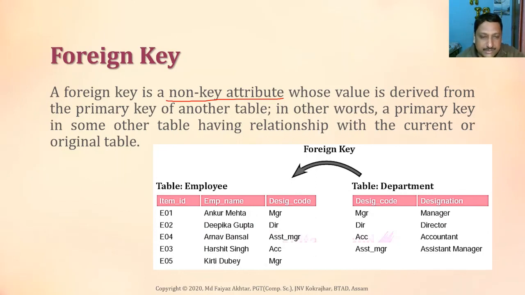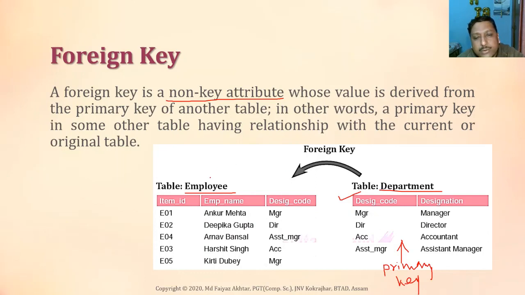See the example here. This is the employee table and this is the department table. In the department table, the designation code is defined as the primary key.